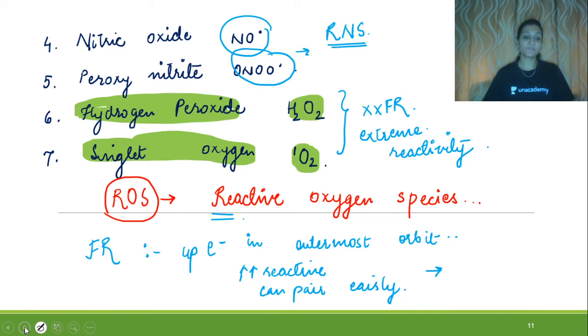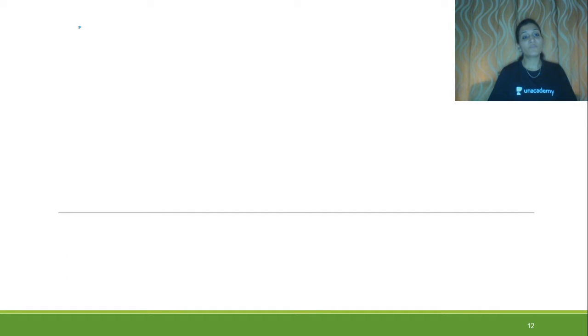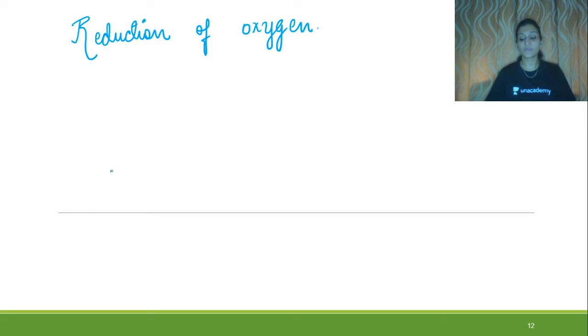Right? Let's move ahead. Now, when we are saying that they are oxygen species, let us talk about the reduction of oxygen. How will this reduction of oxygen occur? This oxygen molecule will get converted into superoxide anion. This we have seen.